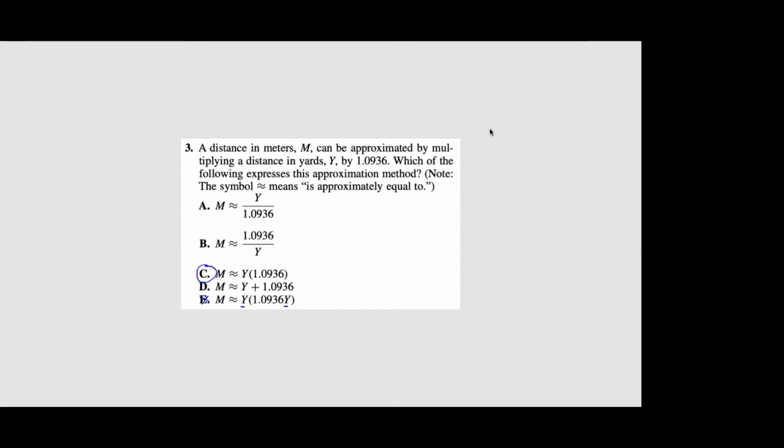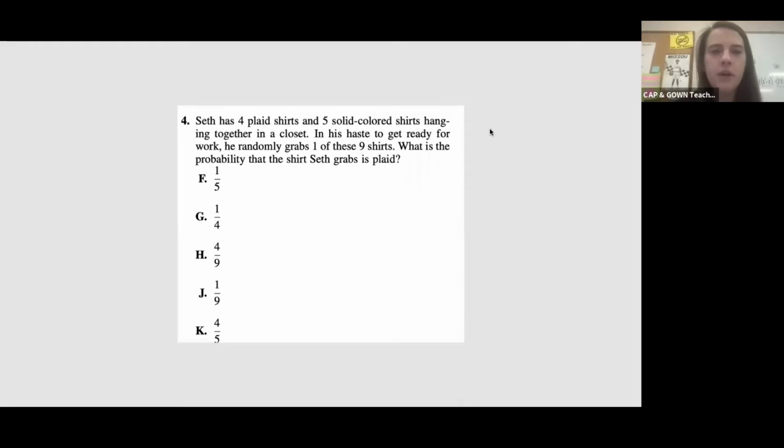Okay. All right, here's number 4. It says Seth has 4 plaid shirts, 5 solid colored shirts hanging together in a closet. In his haste to get ready for work, he randomly grabs one of these 9 shirts. What is the probability that the shirt Seth grabs is plaid?